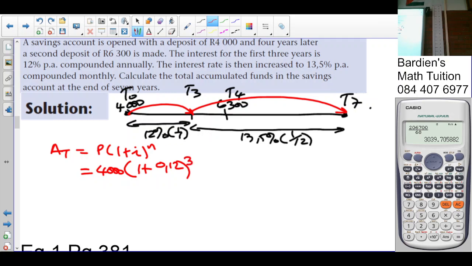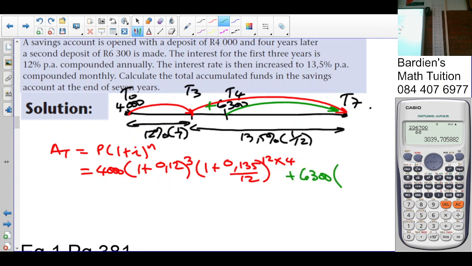Then the interest rate changes, so it becomes 1 plus 0.135 over 12 to the exponent 12 times, and how many years is it from T3 to T7? 4 years. Then you're adding 6,300, so you take 6,300 to the end. So it's plus 6,300 into 1 plus 0.135 over 12, 13.5% per annum compounded monthly, to the exponent 12 times, from T4 to T7 is 3 years.